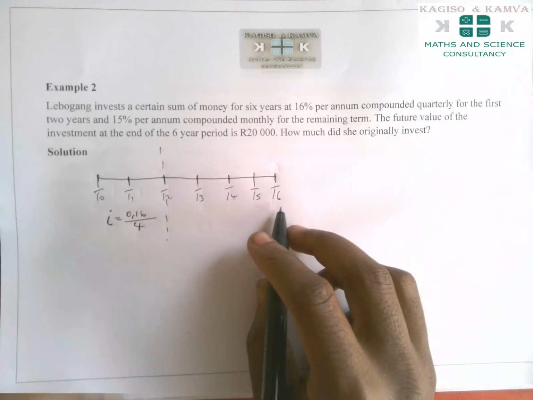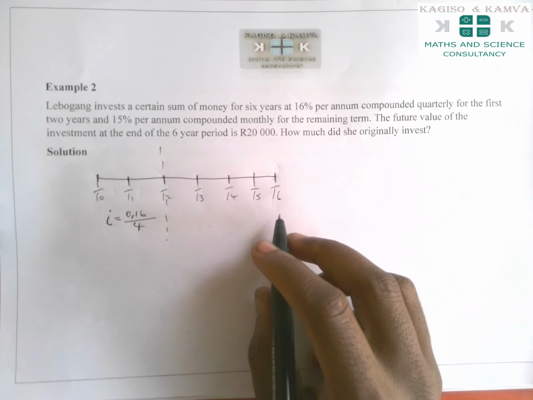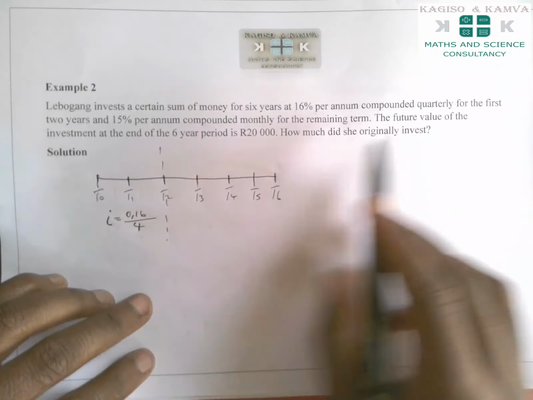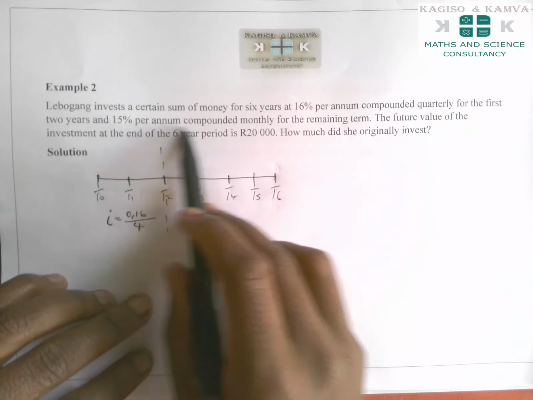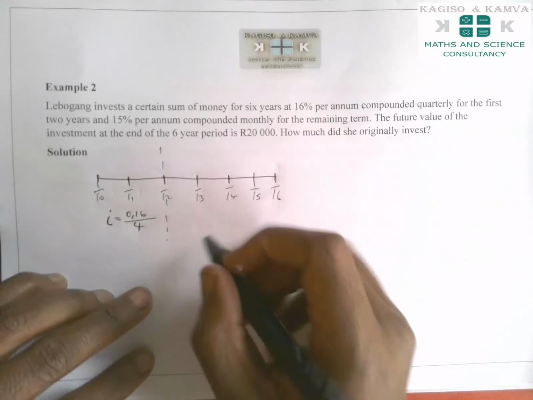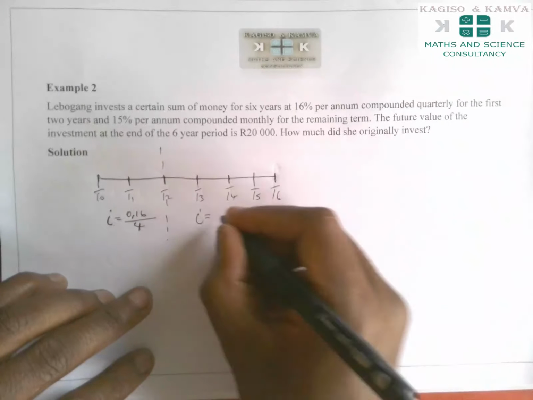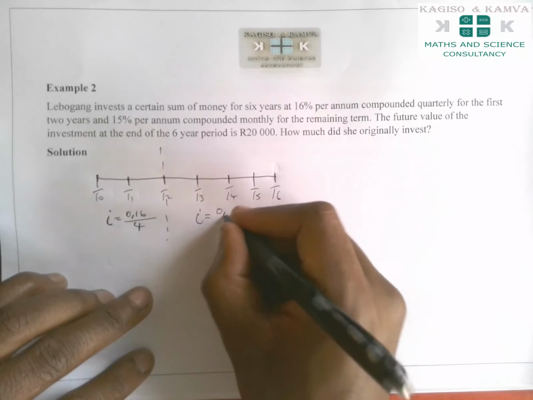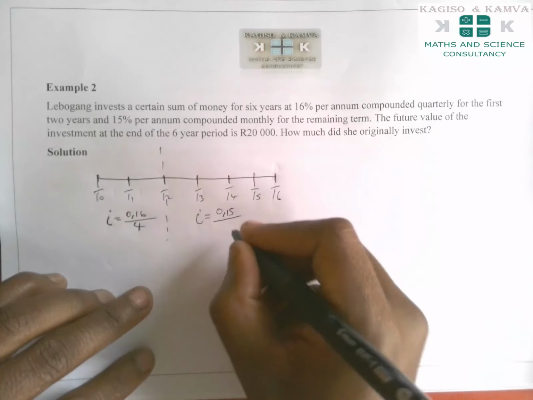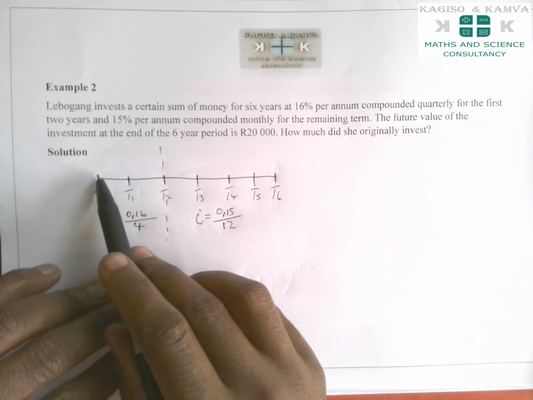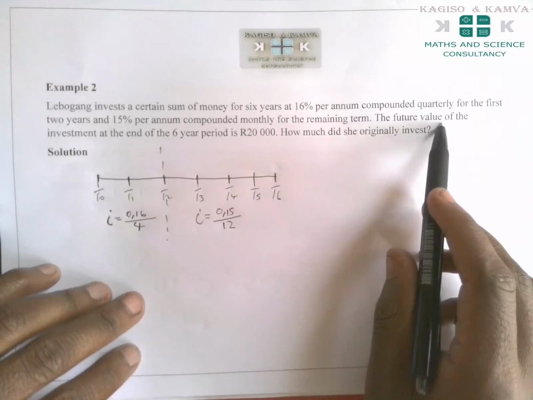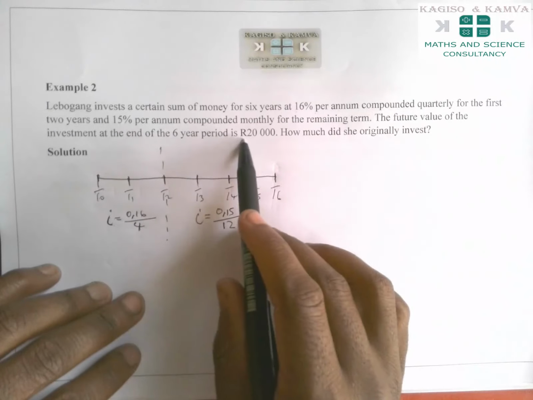So for the remainder of the years, the interest rate is going to be 15% compounded monthly. So this is going to be 0.15 divided by 12. And then we are told that the future value at the end of the 6-year period is 20,000.